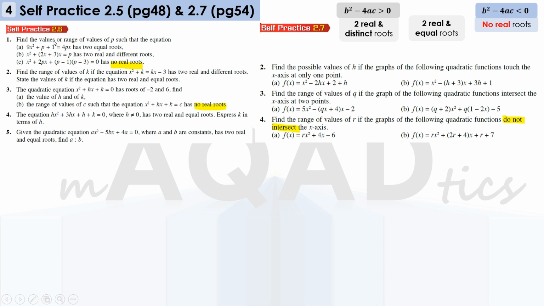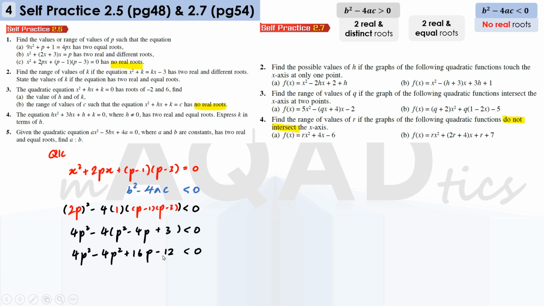So focus on 2.5 question 1c. Let's find the values of a, b and c first, which has already been arranged quite well. Value of a is 1, b is 2p, c is this thing. Let's substitute inside here and simplify a bit. Then here the 4p squared and negative 4p squared will cancel off. So we have this one left, so 12 move to the other side, 16 move to the other side by dividing.